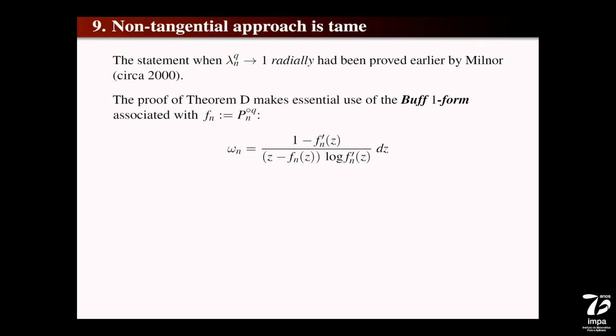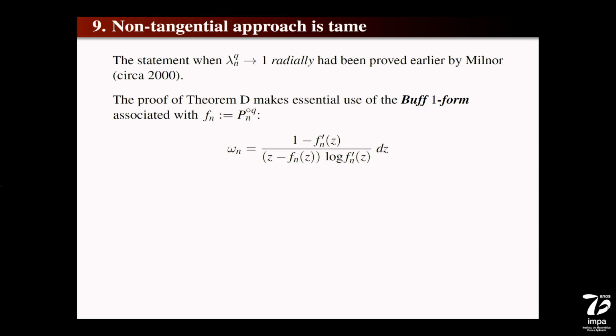I just want to mention this gadget that Carsten has been advocating for. This is what we call the Buff form. You take the qth iterate of your map, which is a near-parabolic map. The classical form that one uses in parabolic perturbation theory is dz over z minus the map, using which you define the index.